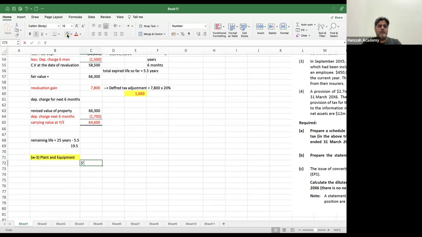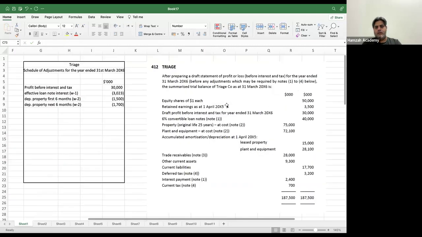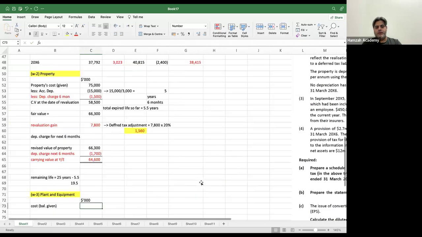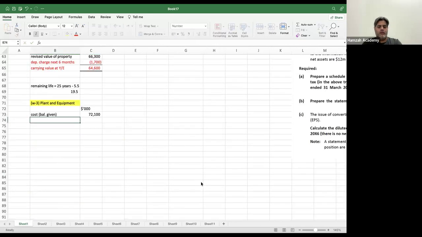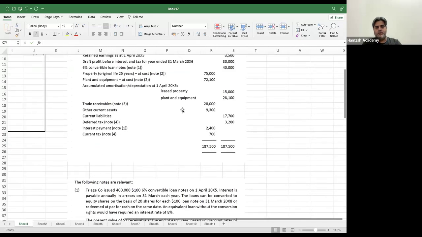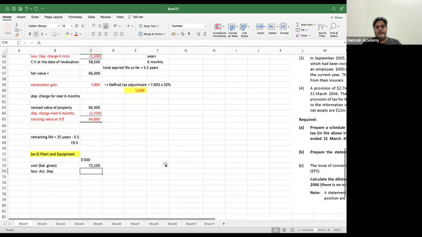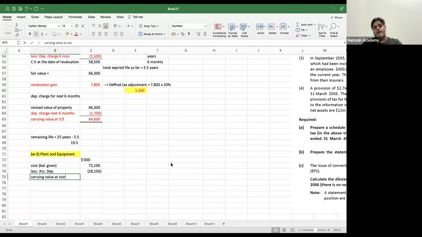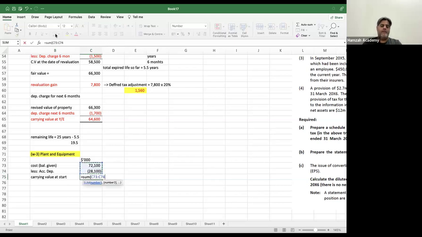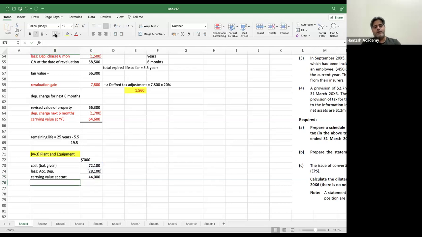This is the plant and equipment. Cost. Balance given. So plant and equipment 72,100. Less accumulated depreciation 28,100. Carrying value at start 44,000, right?